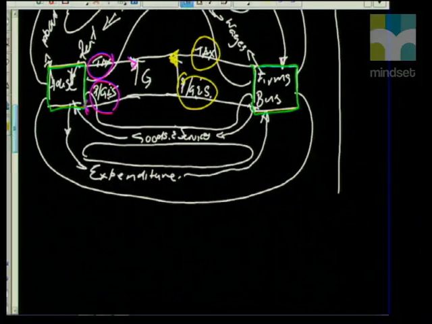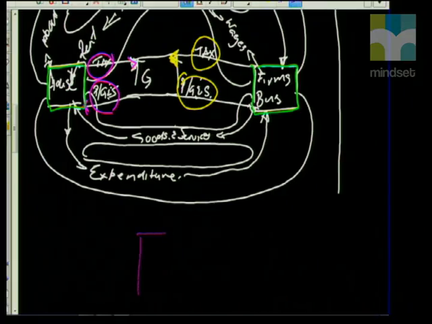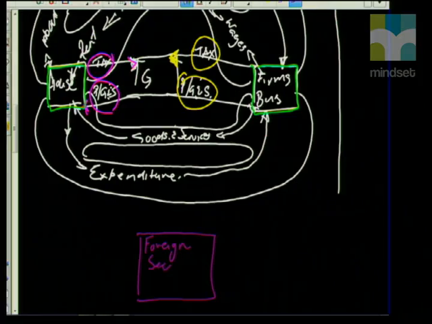It is very simple. I'll just put the foreign sector right at the bottom there. Let's also choose a color for the foreign sector. How does the foreign sector work?